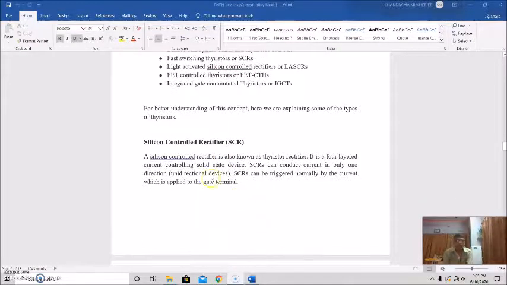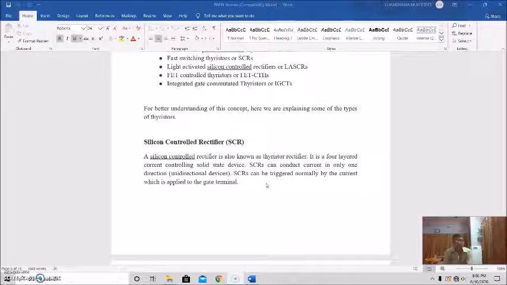Now we'll discuss the silicon controlled rectifier. As we know, it is a major component, and most power devices cannot be imagined without it. It is also known as a thyristor rectifier. It is a 4-layer current controlling solid state device.